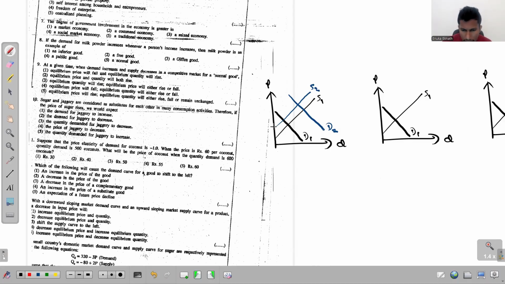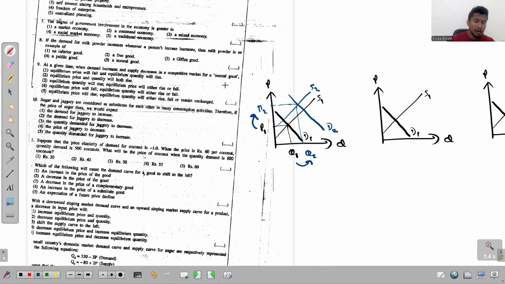Based on the initial demand and supply, we recognize this to be the equilibrium price and this to be the equilibrium quantity. But what happens when the demand increases and supply decreases? In that second situation, based on the blue color lines, the equilibrium price has increased and also the equilibrium quantity has increased.